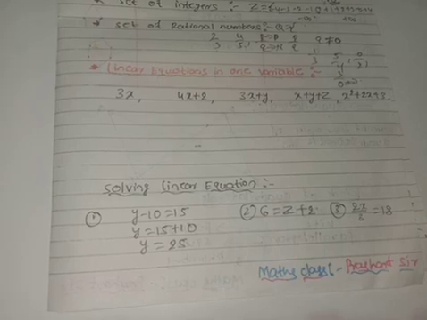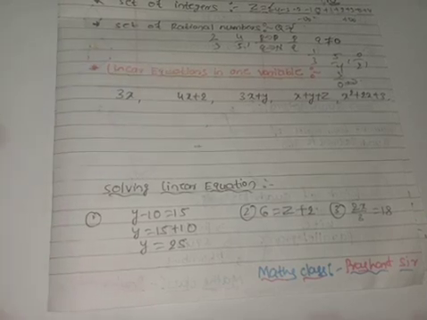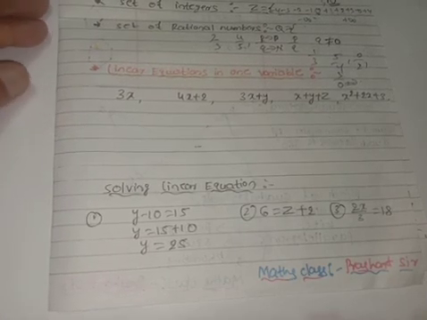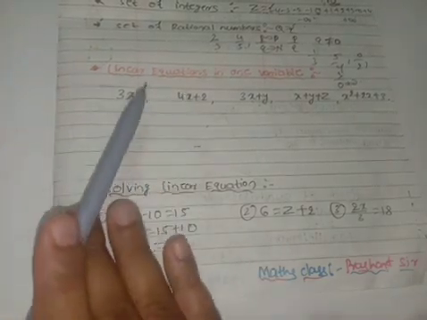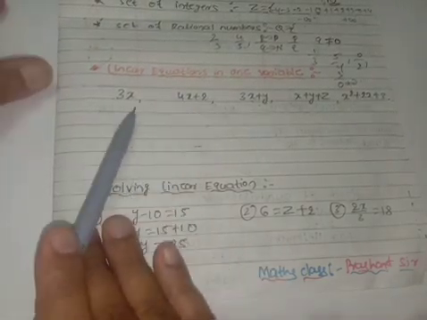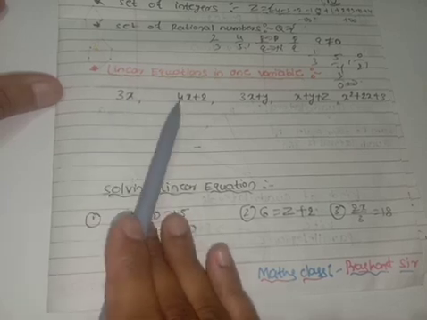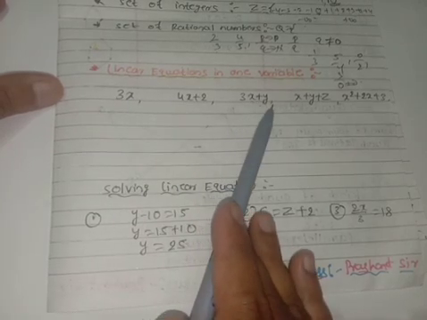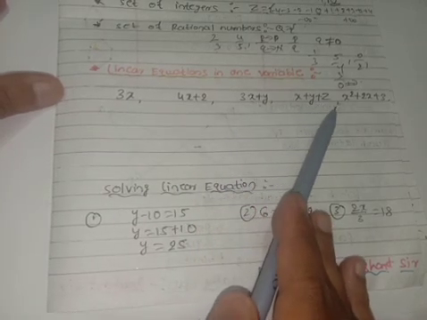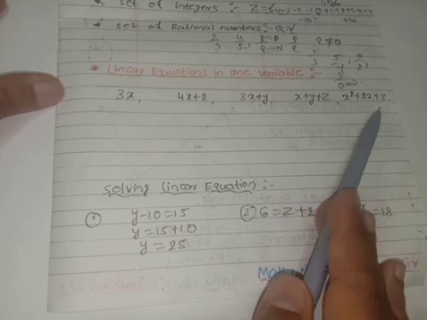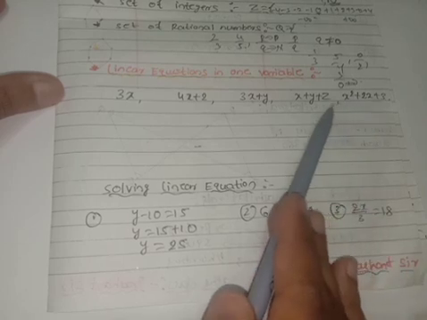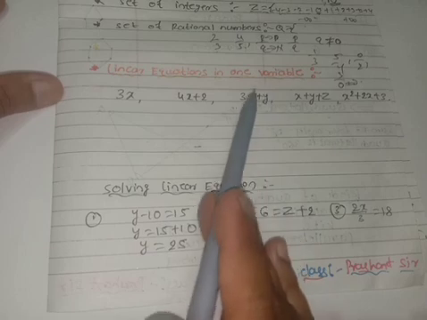Here is another concept, linear equations in one variable. Here I am giving some examples: 3x, 4x plus 2, 3x plus y, x plus y plus z, x square plus 2x plus 3. We know what a variable means.